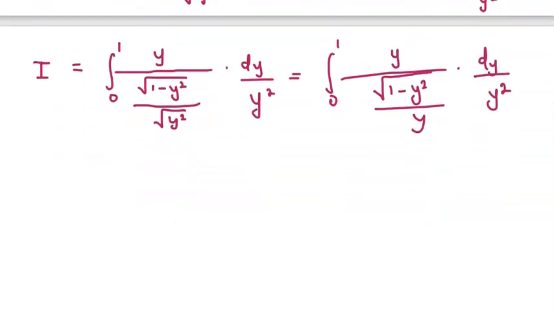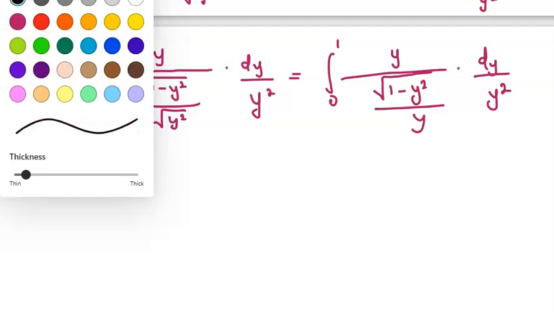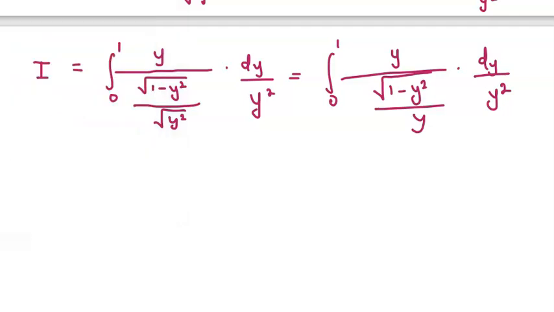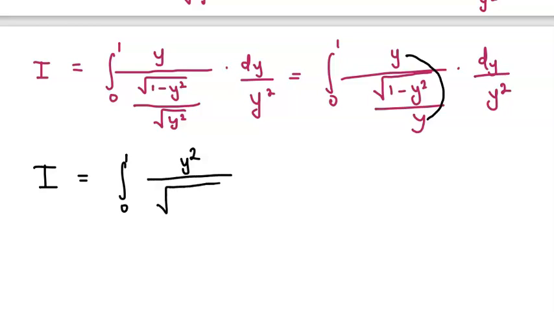Okay, so from here now, I think we have nice cancellations. So our integral I will be equal to the integral from 0 to 1. Up here we have this and this multiplied together, so that will give us y squared up here, divided by the square root of 1 minus y squared multiplied by dy over y squared, right?